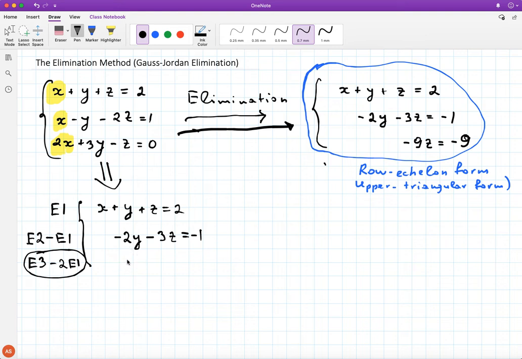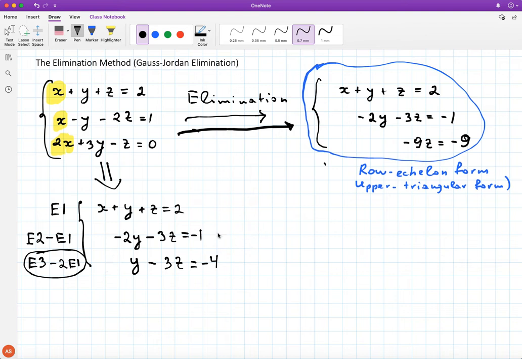What we obtain here is y minus 3z equals negative 4. And so now x has been eliminated from the second and third equations.